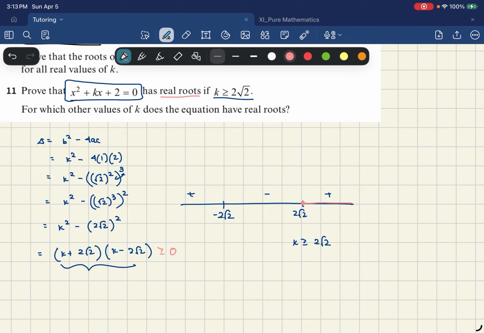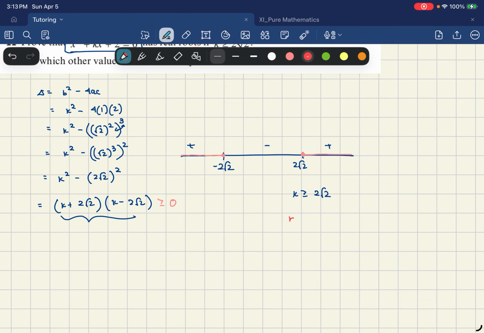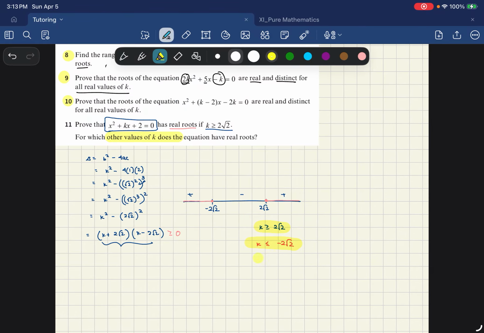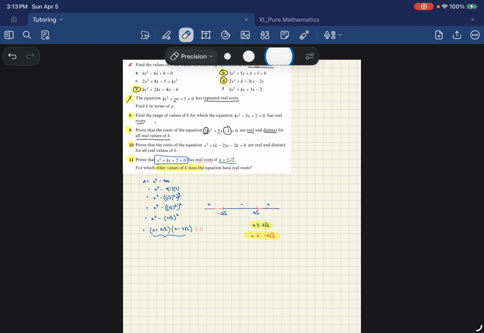So if it's equal to 2 root 2 or bigger, then that satisfies. But the condition is also satisfied when k is less than or equal to negative 2 root 2. So any positive value greater than or equal to 2 root 2 satisfies, and this is the extra value. So for what other values of k? If k is less than or equal to negative 2 root 2, then you also have real roots. So that is the answer for 11. And that is it for this topic.